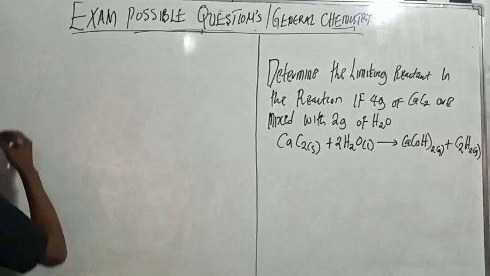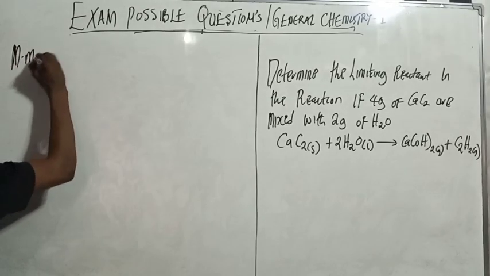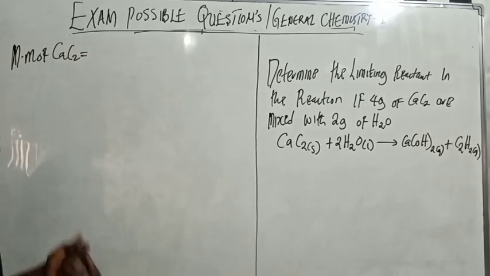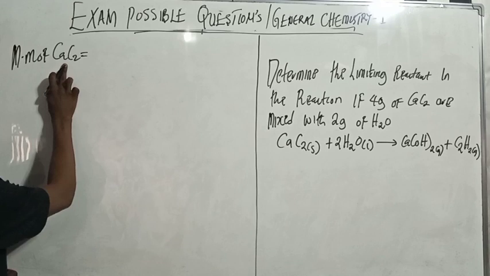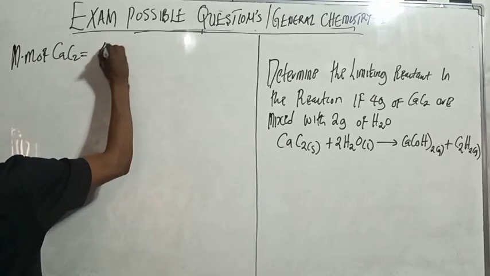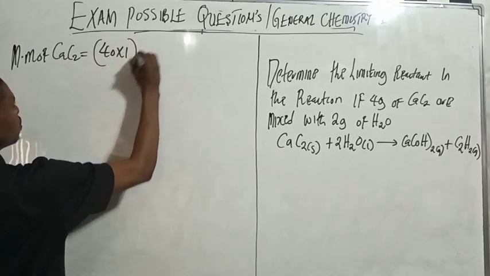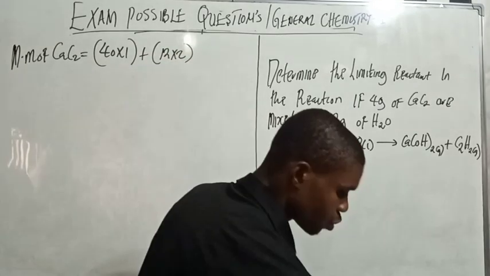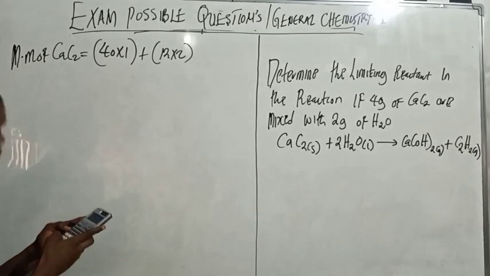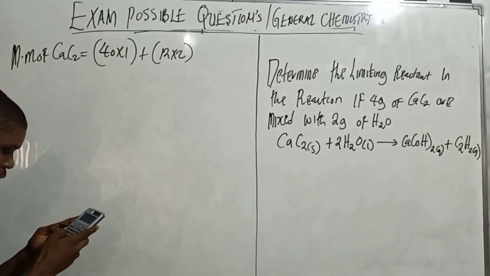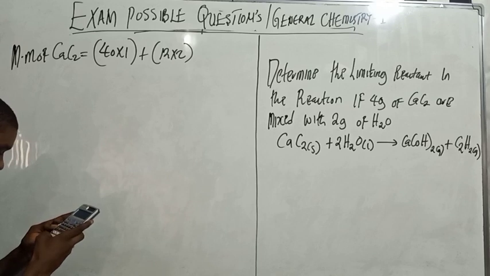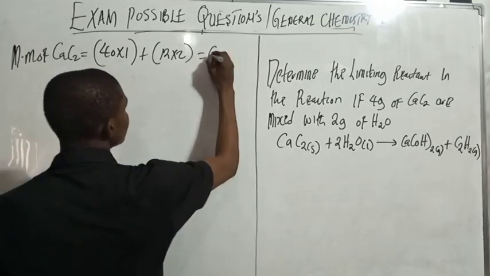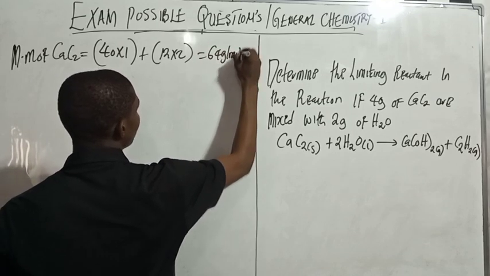So the molar mass of calcium carbide is 40 times 1 plus 12 times 2. So what are you going to get here? 64 gram per mole, right?